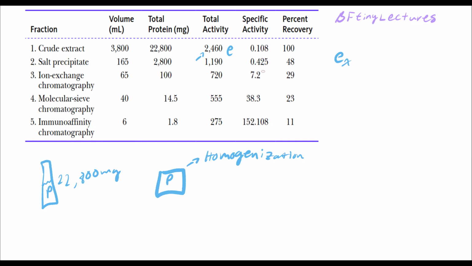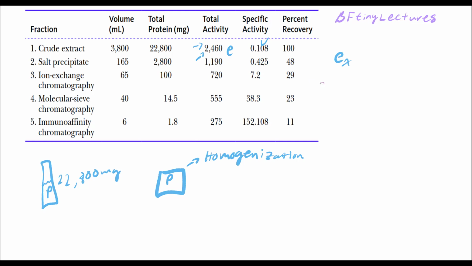So specific activity is the activity of a specific enzyme. Scientists are really creative with their titles, but essentially it's saying, okay, well, out of this sample of enzymes, about this much percentage of that sample is your specific enzyme. It's weird to say, but let me try to say it as clear as possible.